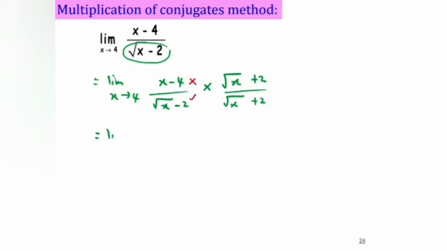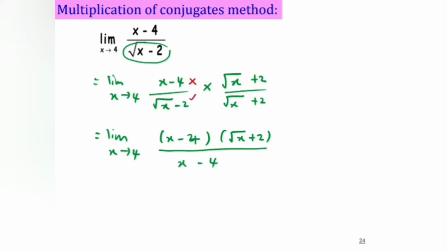So for the numerator, you no need to expand it. For the denominator, you need to expand, and you will get x minus 4. Then we can simplify the function, and substitute the value of x into the function, which is square root of 4 plus 2, you will get 4.